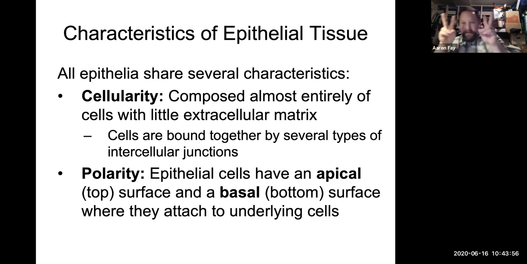So the top or superficial portion of the epithelium is called the apical surface, sometimes called the free surface because it doesn't have any other part of you attached to it. Where this connects to the rest of my body is called the basal surface, or the bottom or deep portion. So that would be the basal surface attaching to the underlying connective tissue.